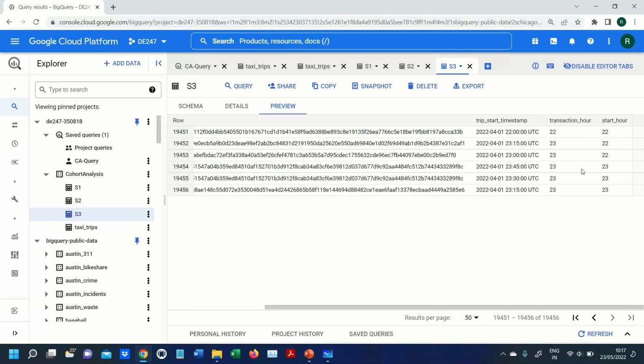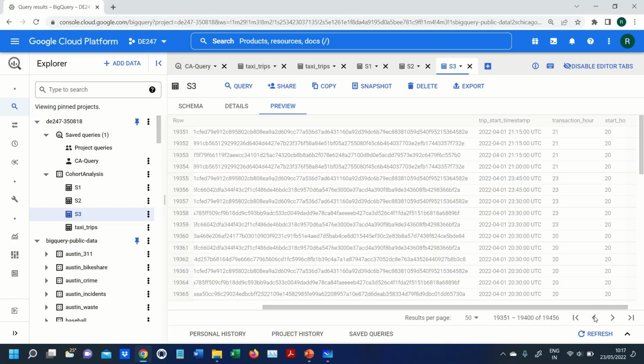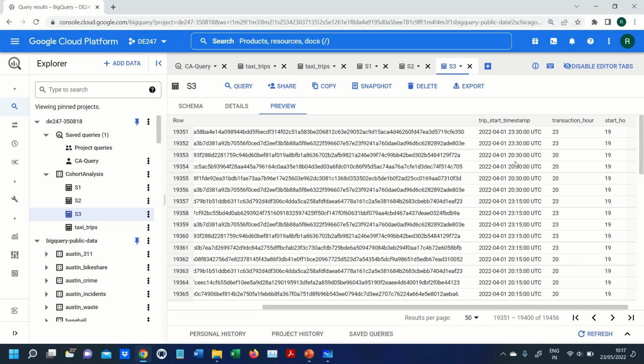So let's go back and see some points here. This taxi has a transaction at the 23rd hour, but this taxi started working from the 19th hour only, not from the morning.